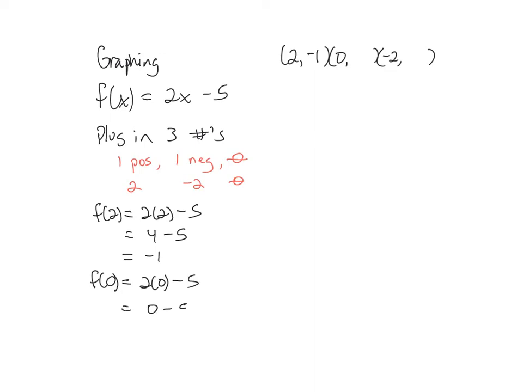Two times 0 is 0. 0 minus 5 is negative 5. And then I'll plug in negative 2, and I get negative 4 minus 5, which is negative 9. So there's the 3 points that I have.